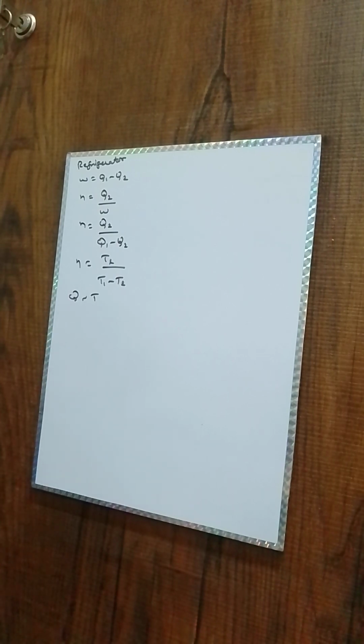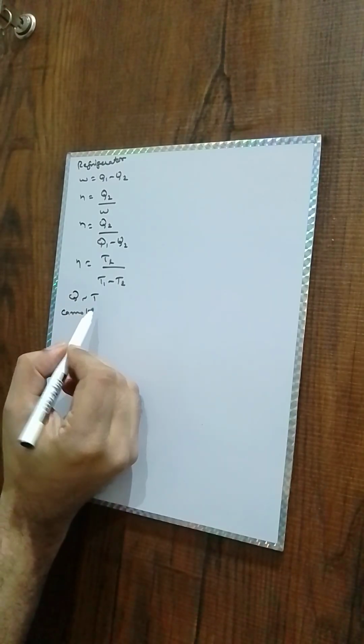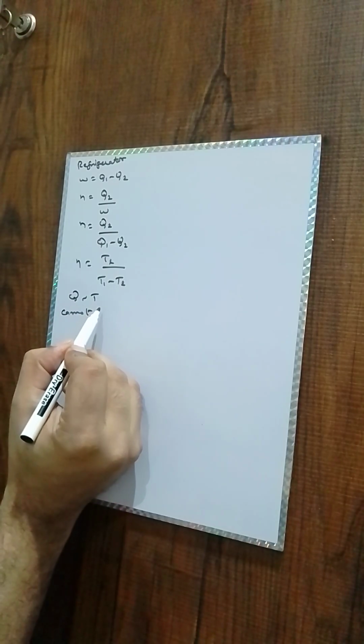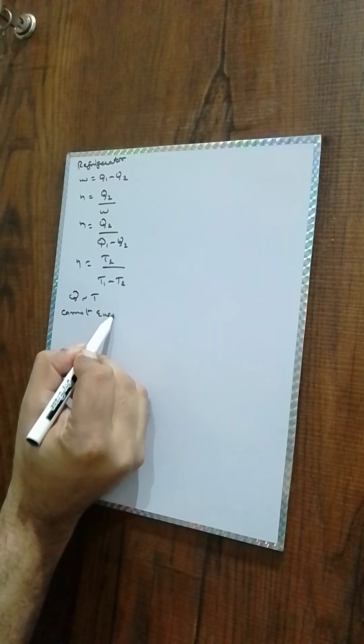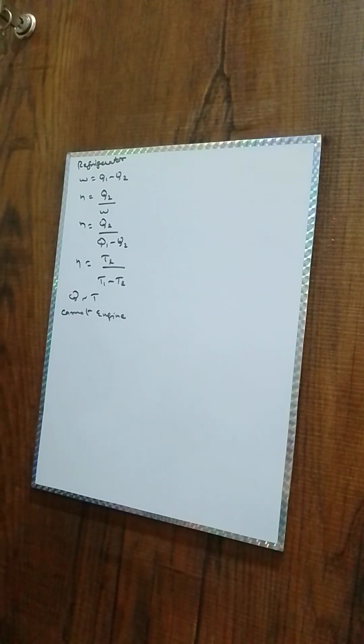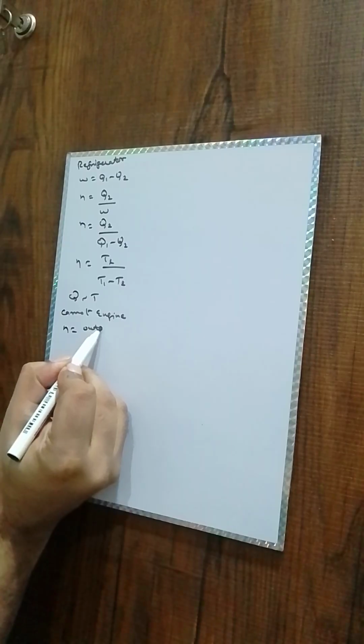And now we look into the Carnot engine, and the efficiency is output by input.